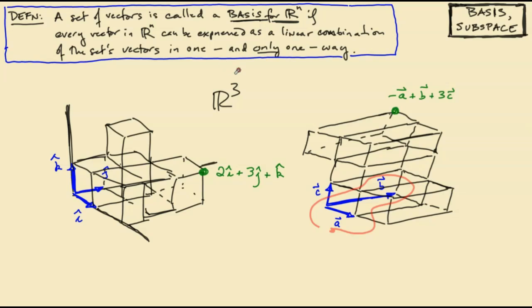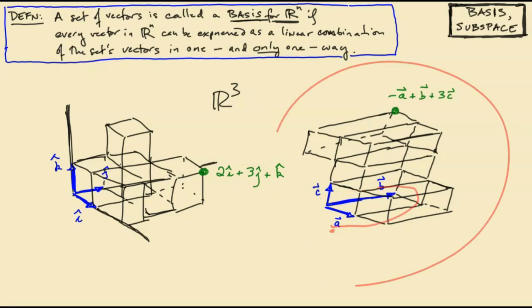We have to be able to express every vector in R3 as a linear combination of those vectors. So we need uniqueness, but we also need existence in the first place. So those are not enough. Not only must the vectors be linearly independent, but they have to span the entire space.